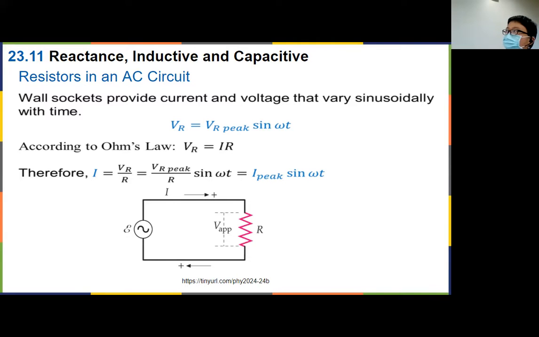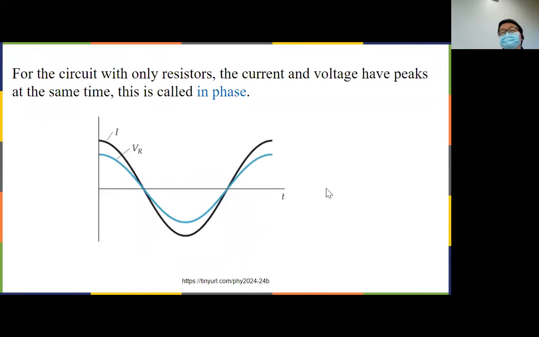So if voltage is changing as a sine function, then your current is also changing as a sine function. So you'll expect a peak value for the voltage and also the current on the resistor. So the current and the voltage are in phase. That means they peak at the same time, and they will have minimum at the same time.